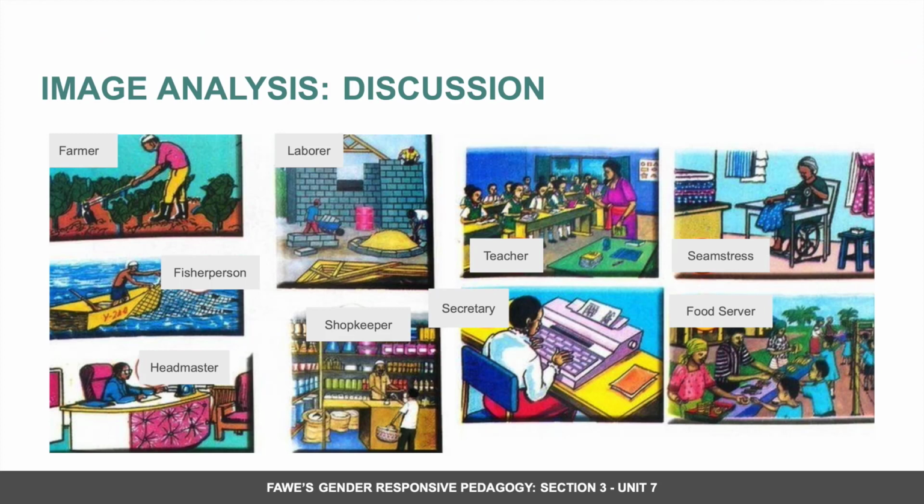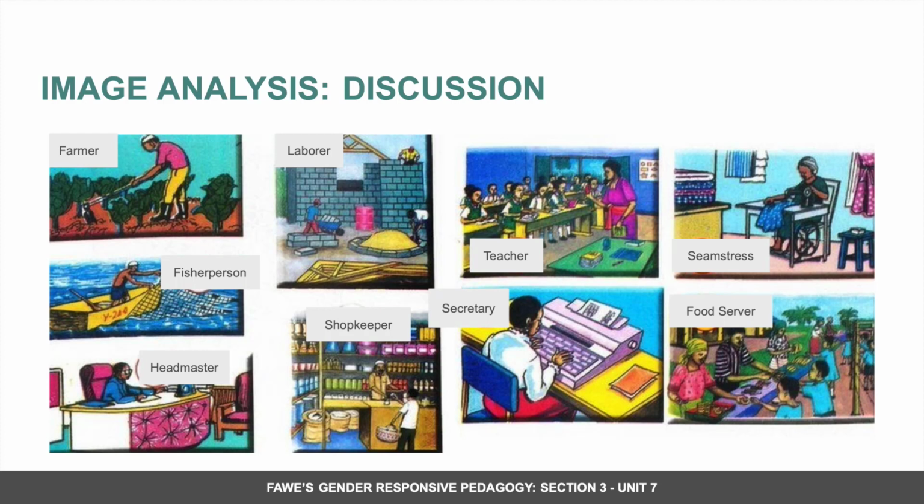What about this image is not gender responsive? There are multiple answers, but for example, the tasks assigned to men reinforce stereotypes. Manual labor, shopkeeper, fisher person, and in a position of authority as a headmaster or business person.